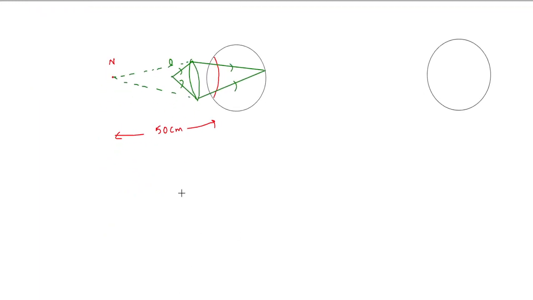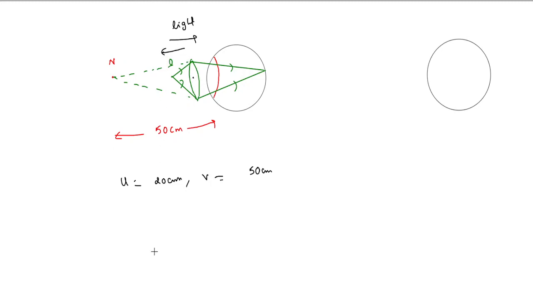Here keep in mind that u is equal to 20 centimeter and v is equal to 50 centimeter. By sign convention, the light from the object is going from left to right, but we are measuring from right to left.